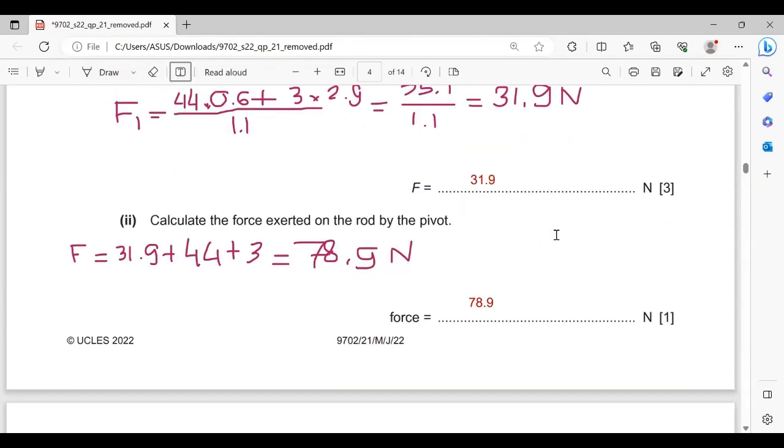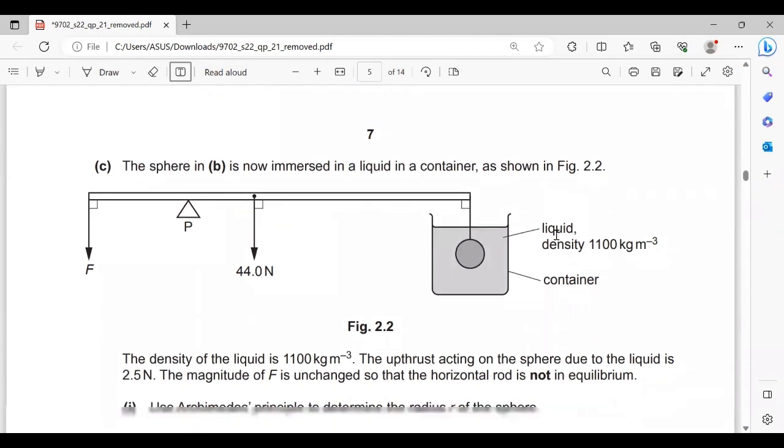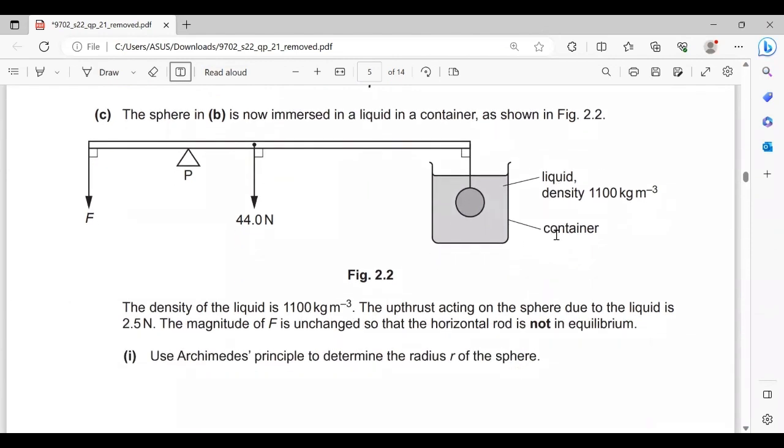Okay, let's continue. The sphere in B is now immersed in a liquid in a container, as shown in figure 2.2. Look at the sphere inside the container, with the liquid density 1,100 kilograms per meter cubed.